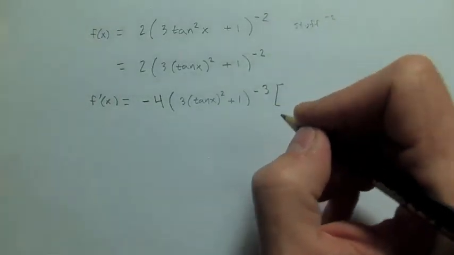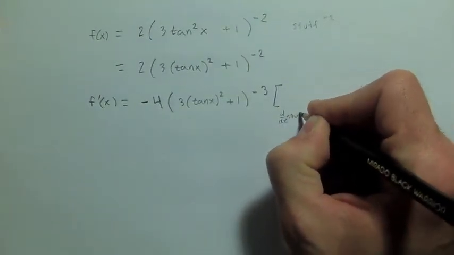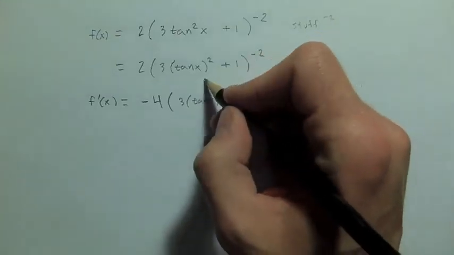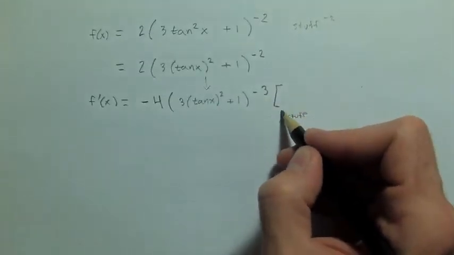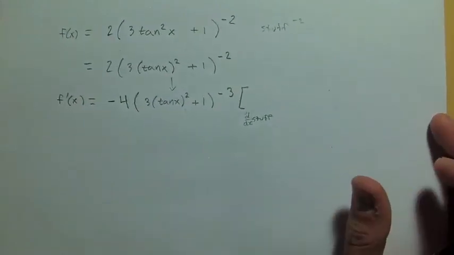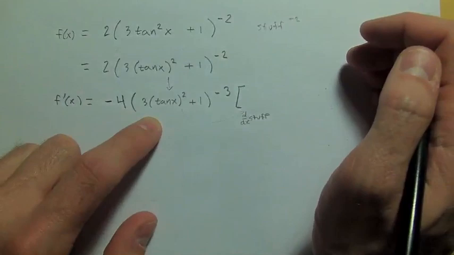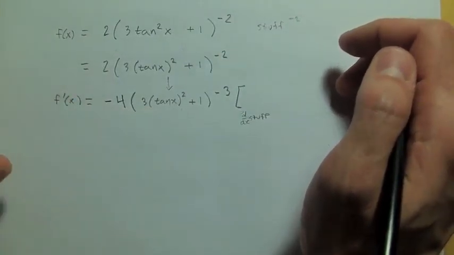Then it's going to be the derivative of this stuff. So we copy the stuff, we take the derivative of this stuff. Now when I take the derivative of this stuff, that plus 1 will go to 0, so that's no problem. That constant 3 will come along for the ride.